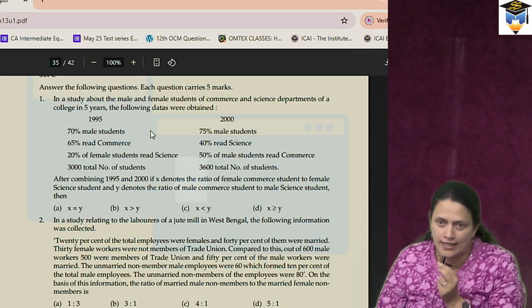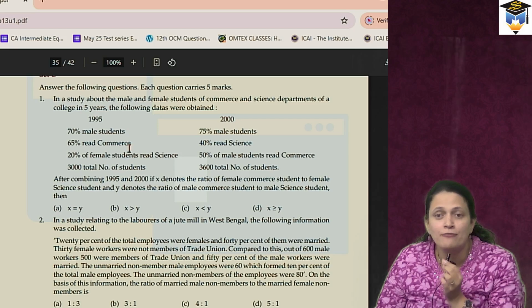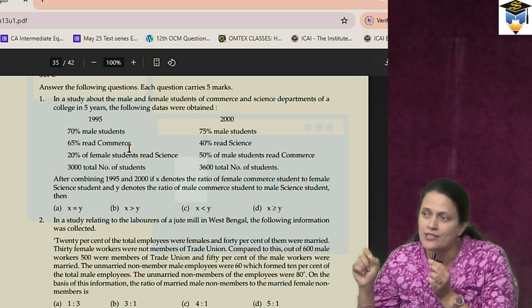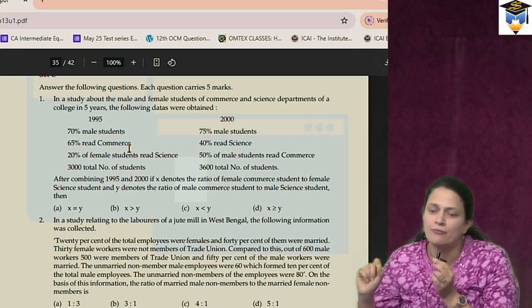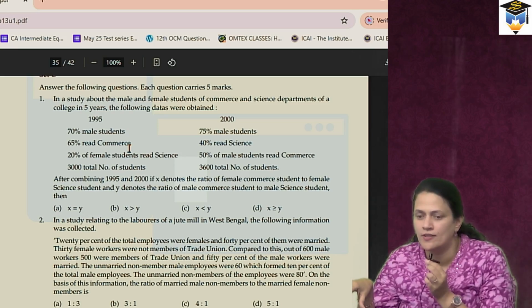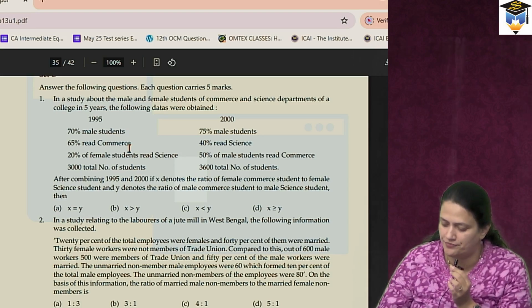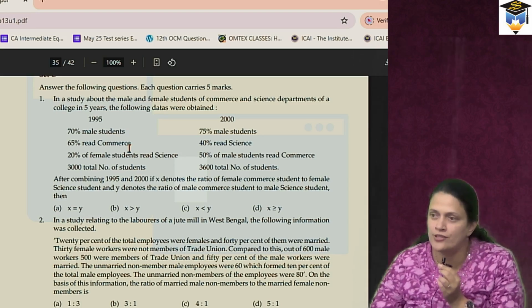70% male students are there. So 65% of male students read commerce. Will it be 65% of male students or 65% of total students? Let me know this, please, everyone.